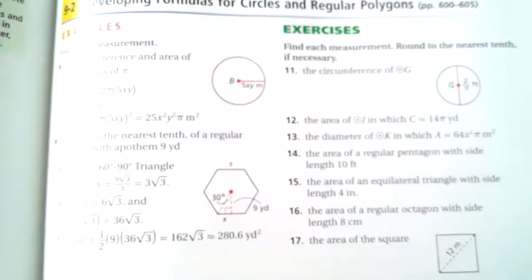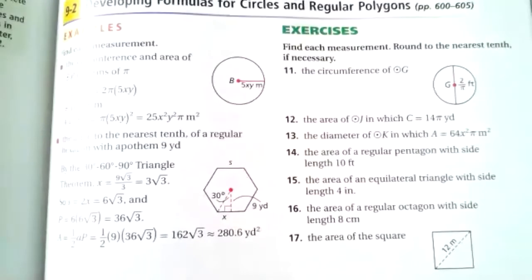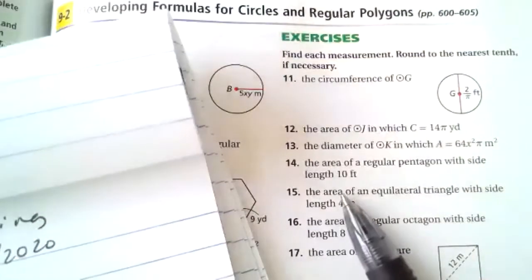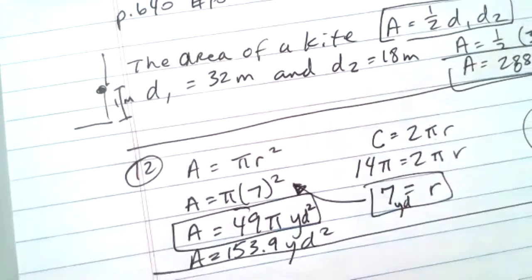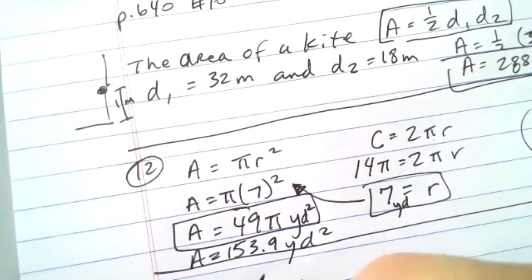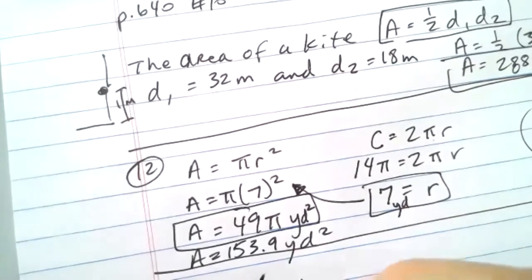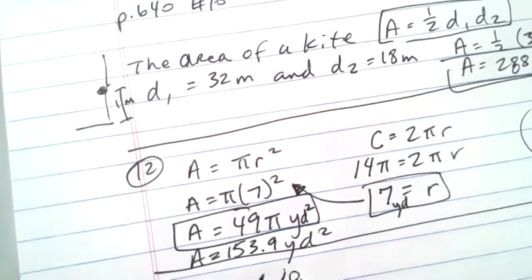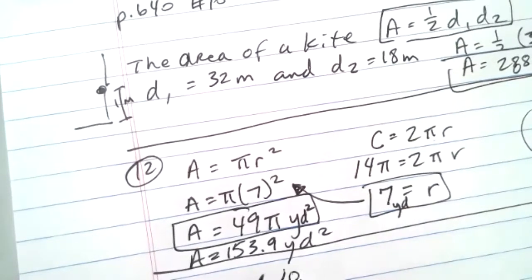This is number 14. Let's draw a couple of things here. Number 14 has a side length of 10 feet. So let's say from here to here is 10 feet, right? And then from here to here would be half of that. So that would be, okay, let me show you.